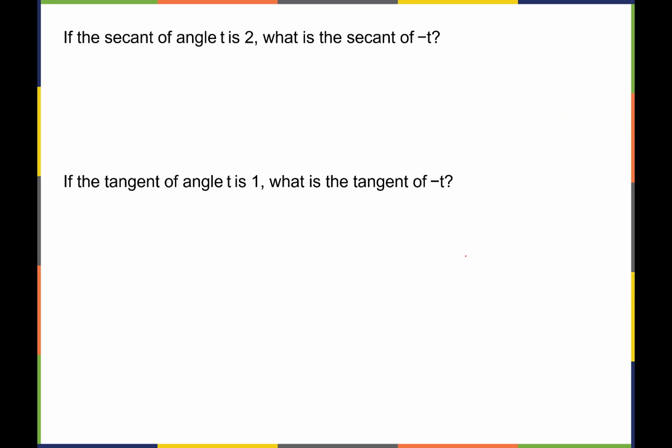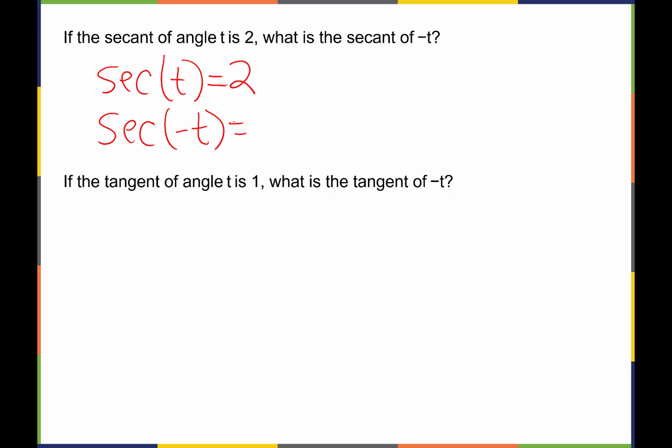Okay, let's apply this. How is this going to help us? First example, if the secant of an angle t is 2, what is the secant of negative t? I know secant is even.